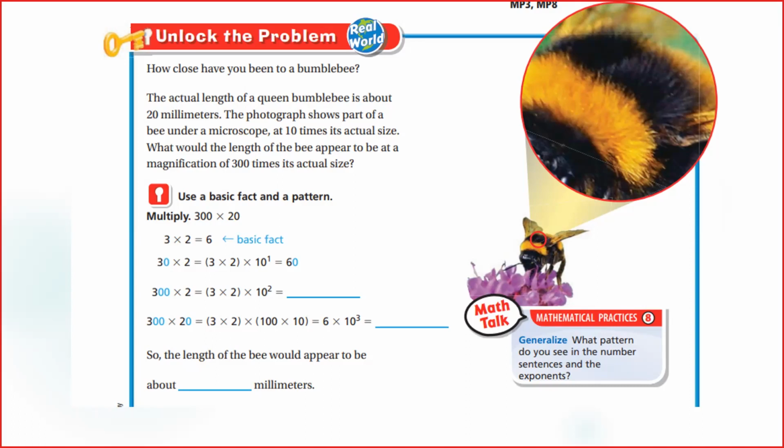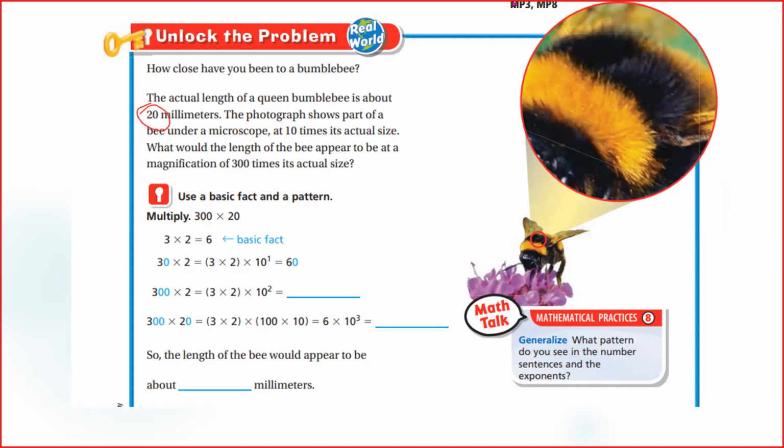So this microscope can help me magnify its size by 300 times. So now I can see 300 times its actual size. What will the length of the bee be after magnification?